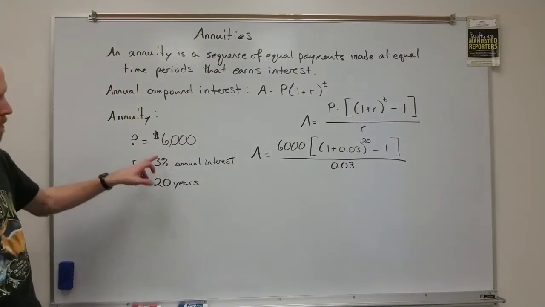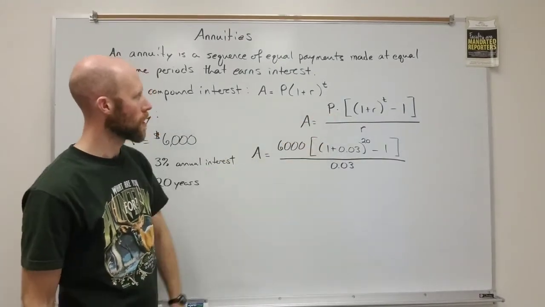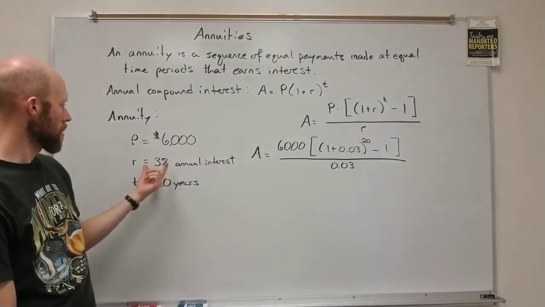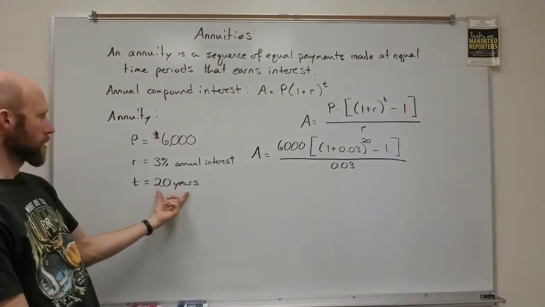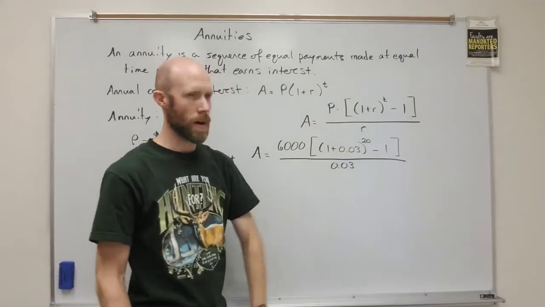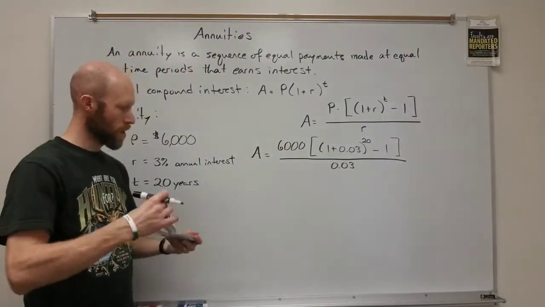So I've put in my principal, my payment, that periodic deposit. The 3% interest is located in two different places, and the 20-year period is our exponent. And then we have to punch that into our calculator.